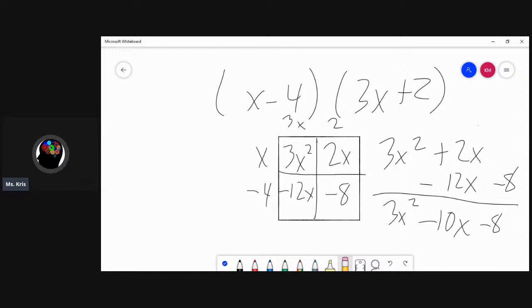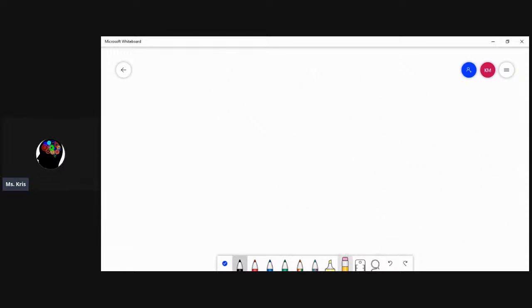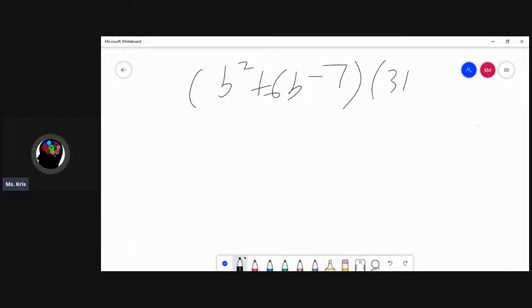Next, we have multiplying vertically. I have b squared plus 6b minus 7, a trinomial, and I'm multiplying to a binomial of 3b minus 4.